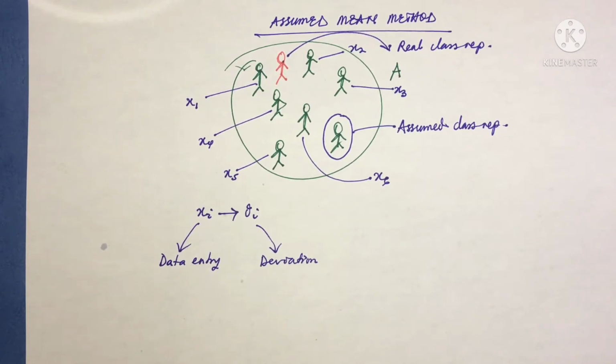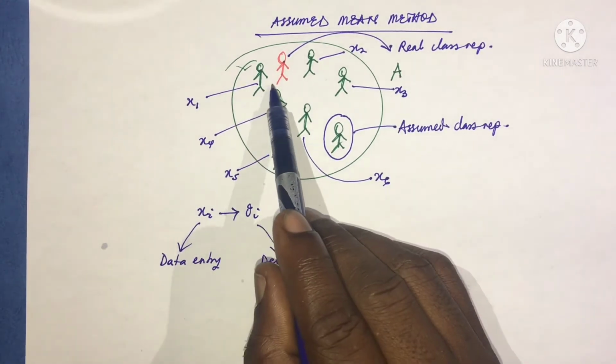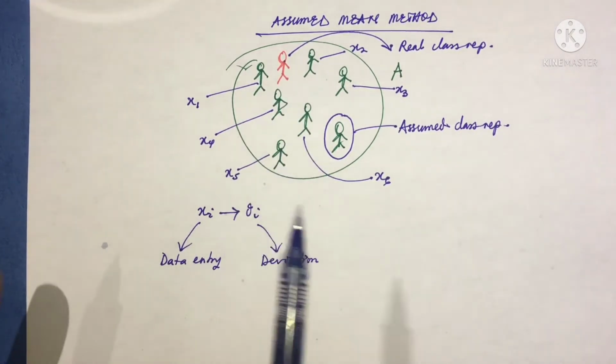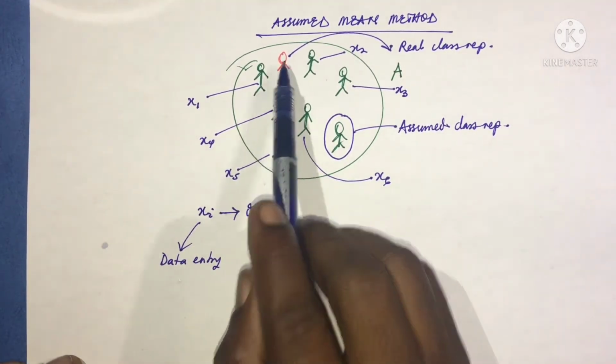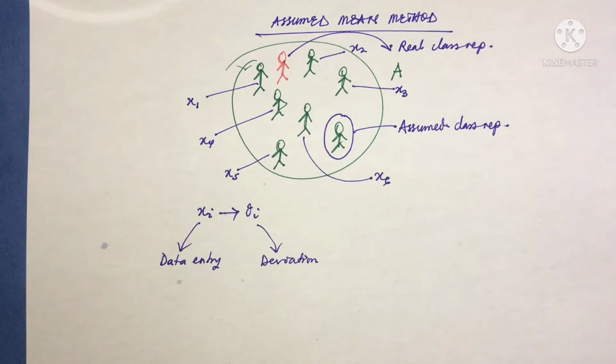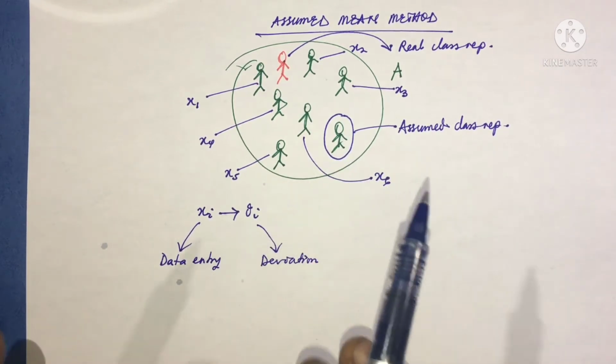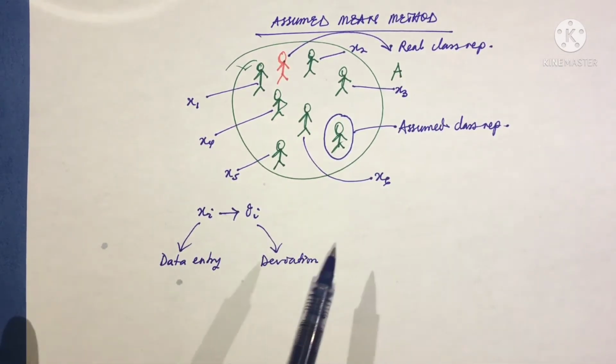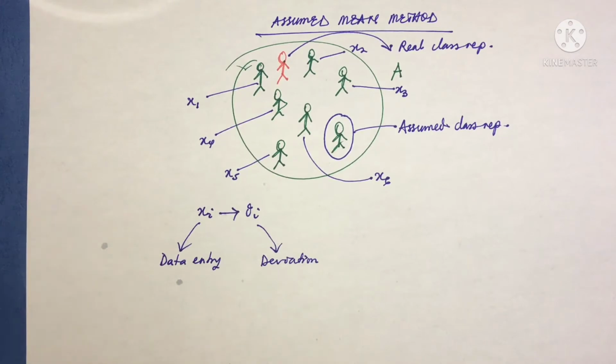They had no rancor with him. So everybody had a zero gap between themselves and the class rep. That is just an illustration. It's an assumption. But because someone was now assuming his role as an assumed class rep, there are now deviations.